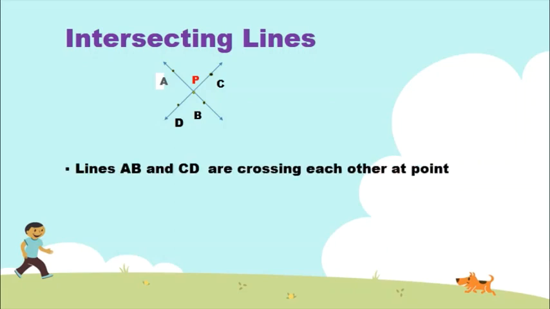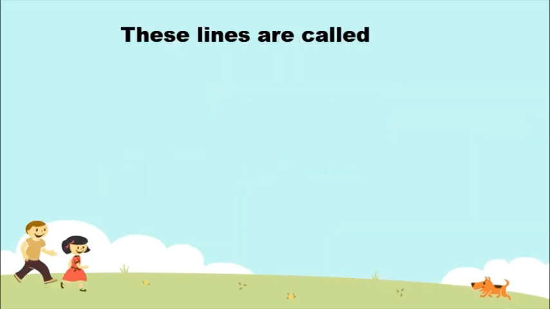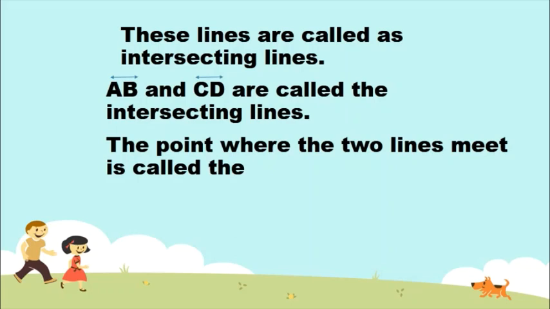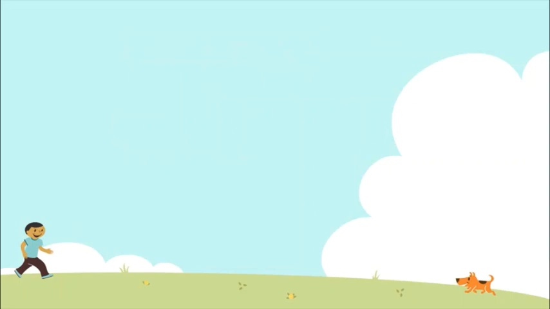Lines AB and CD are crossing each other at a point. These lines are called intersecting lines. The straight line AB and straight line CD are called the intersecting lines. The point where the two lines meet is called the point of intersection and it is marked with point P.